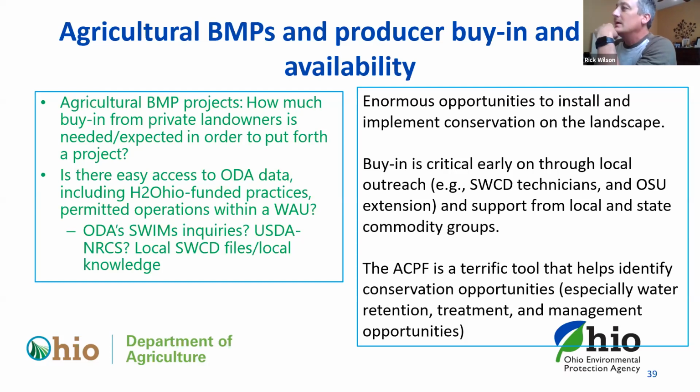It's a mapping system that looks at hydrology, land use, cropping history, et cetera, to identify the best locations for things like grass waterways, loss of cover, wetlands, drainage water management, et cetera. So those are big tools on getting buy-in.